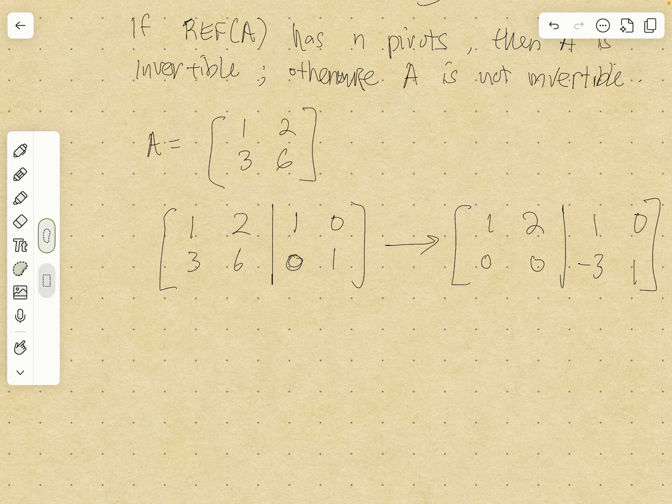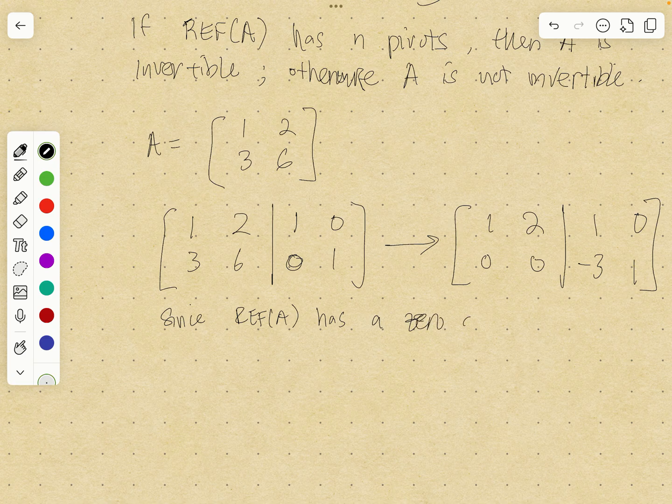You can't solve this matrix times a vector equals [1, -3] because of this 0 row, right? And so we see that A is not invertible. So since the echelon form of A has a 0 row, A is not invertible.